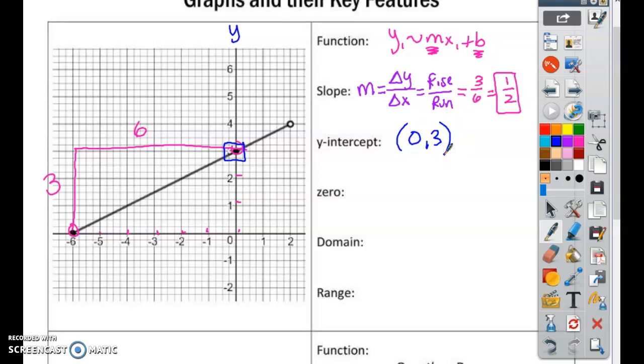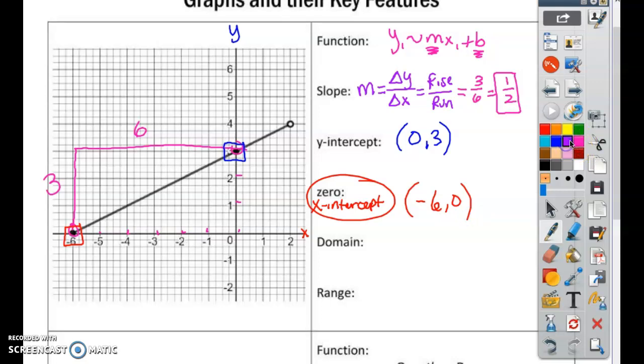Write this down. 0 is the x-intercept. They're the same thing. It's where it crosses the x-axis. So that's at -6. Okay?